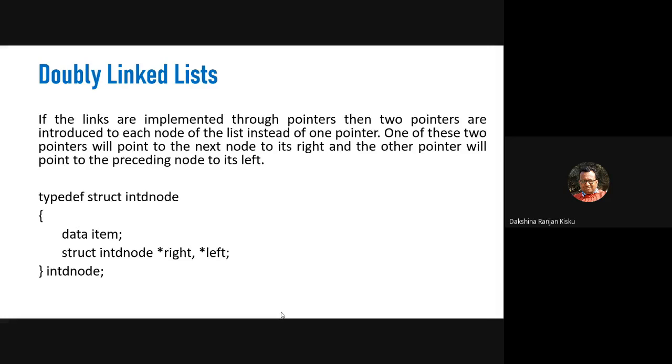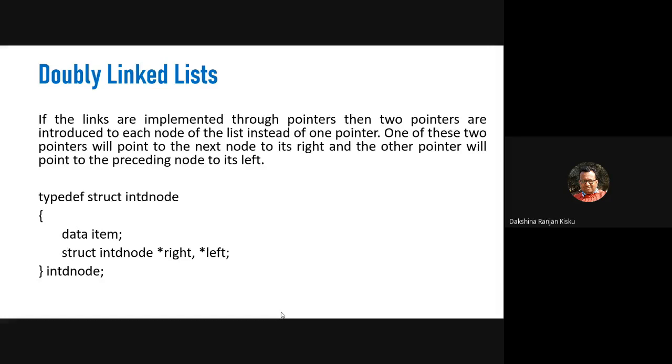Now, if we want to improve this situation, that is, if we do not want to traverse the entire linked list to find the preceding node of the deleted or inserted node, we need to improve the single linked list by adding one more link part on the left hand side of the node. So for each node, we can consider two link parts.